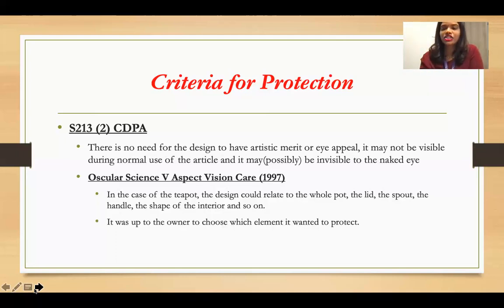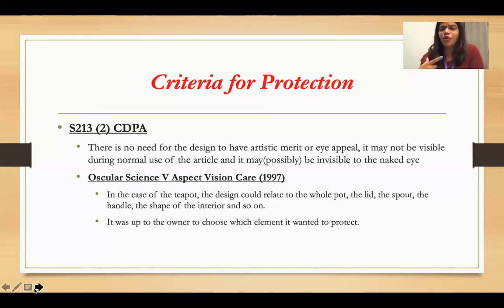As long as, if you see the next point there, it is used during normal use of the article, and it may possibly be invisible to the naked eye. What do they mean by invisible to the naked eye? This is basically an explanation of the CDPA.